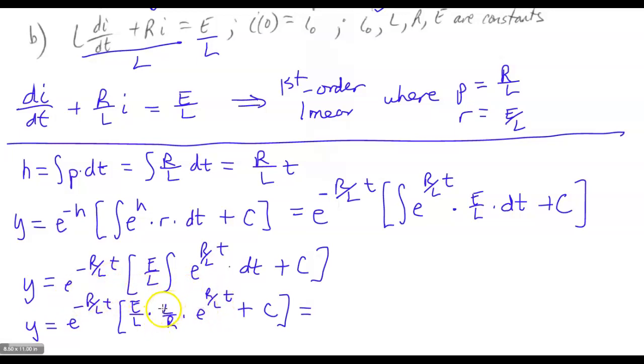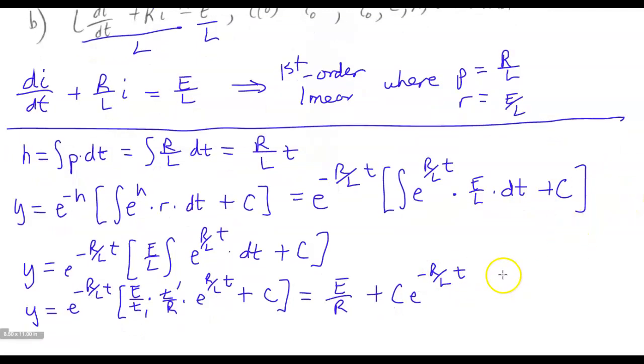Also in the first term, these L's will reduce to 1. So all I would have left in the first term here is just E divided by R. Okay. For the second term, I have a constant, and then I have e raised to the negative R divided by L t. Okay.